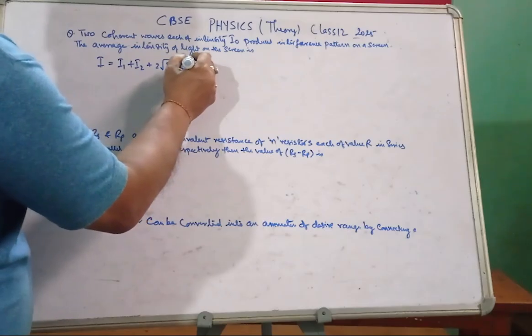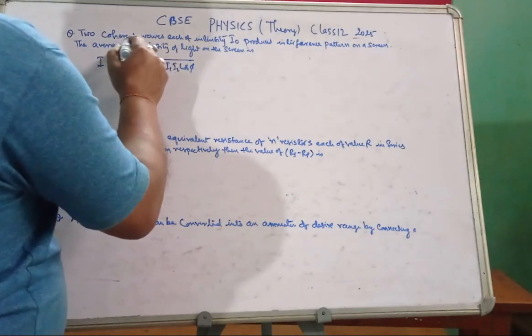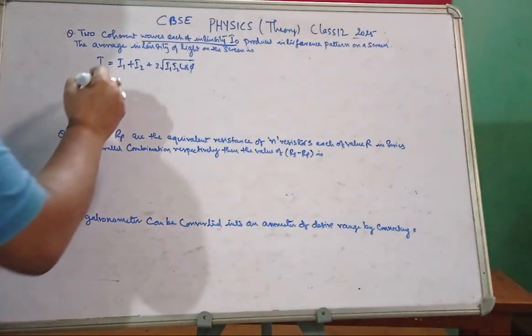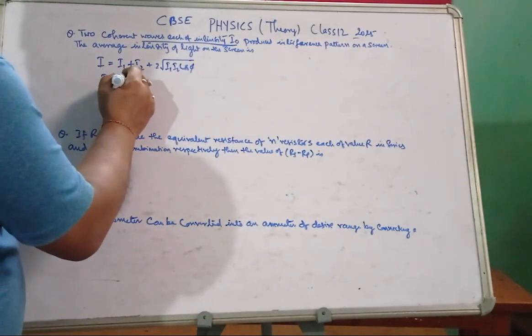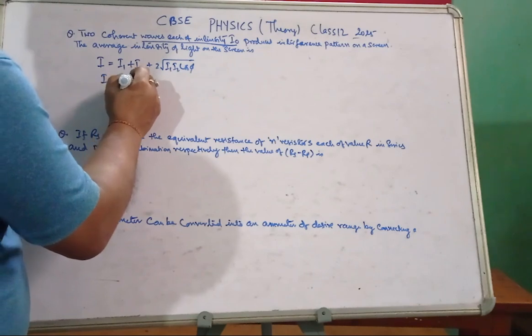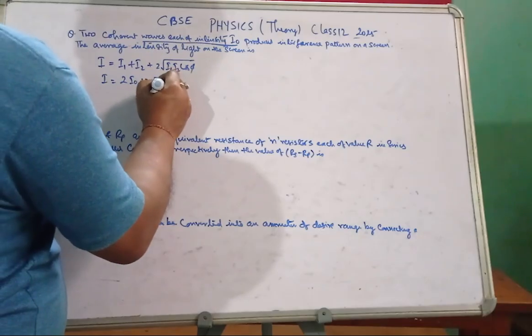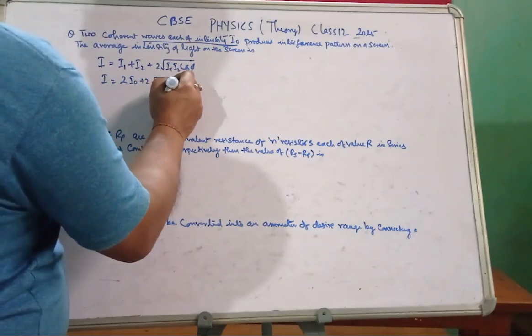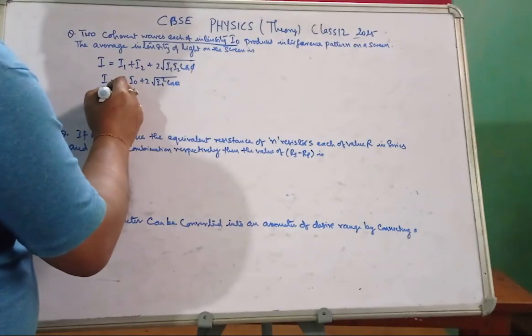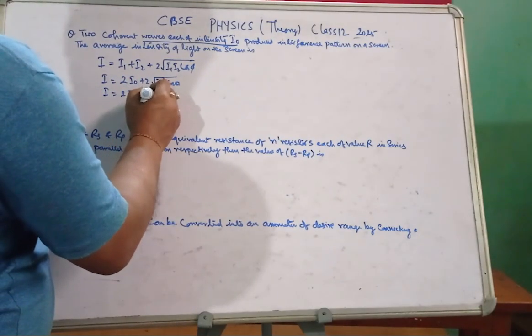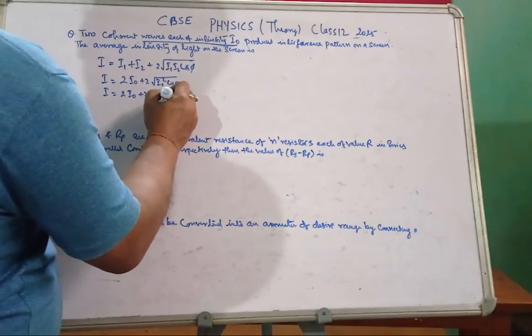But because the two coherent sources have the same intensity, I will be equal to 2 I naught plus 2 root I naught square cos phi, so I equals 2 I naught plus 2 I naught cos phi.